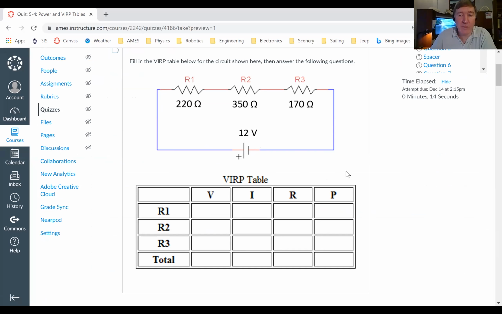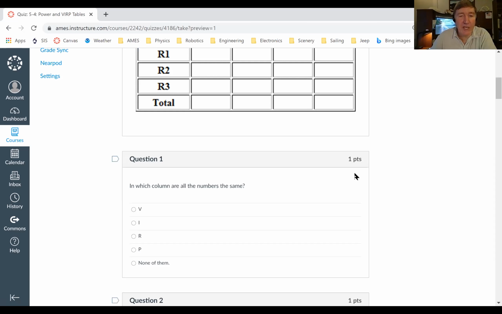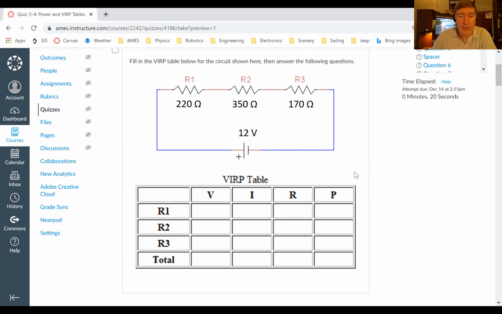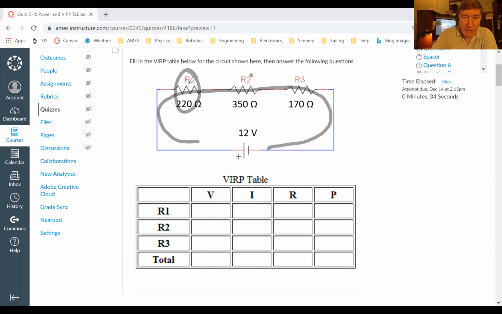The first question is, in which columns are all the numbers going to be the same? You should realize that if we've got a series circuit, by definition, the current going through this resistor is the same as the current going through this one, which is the same as the current going through this one, which is the same as the current going through the battery.